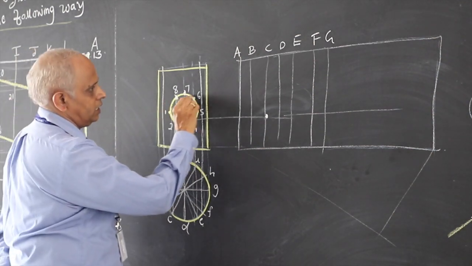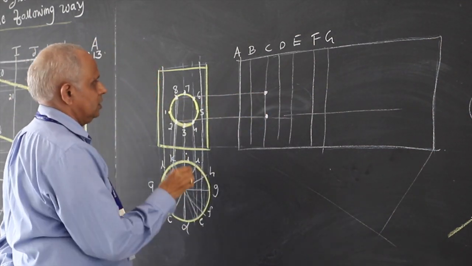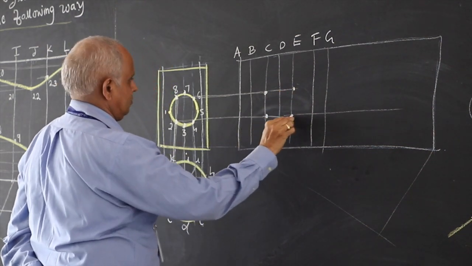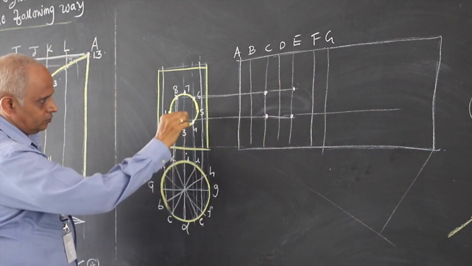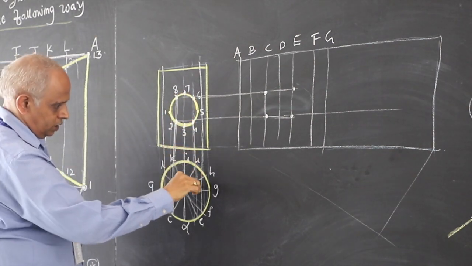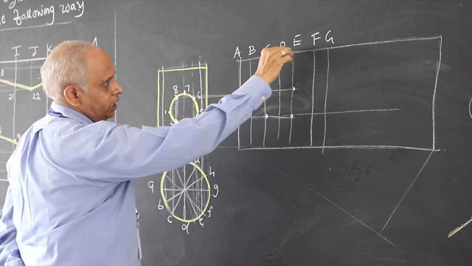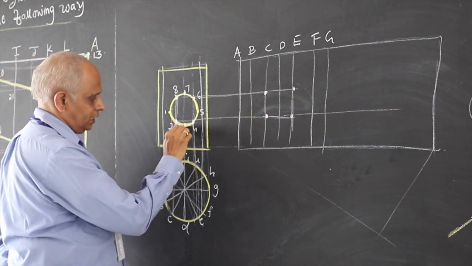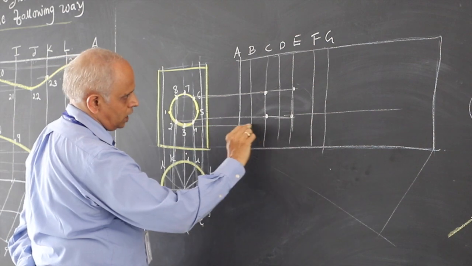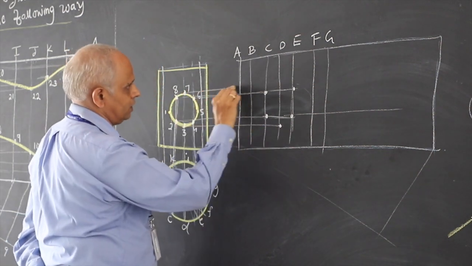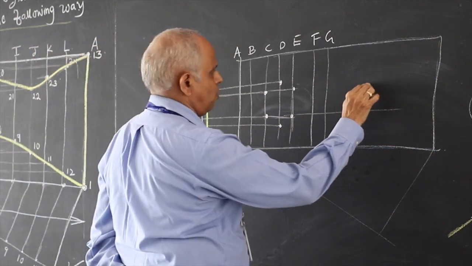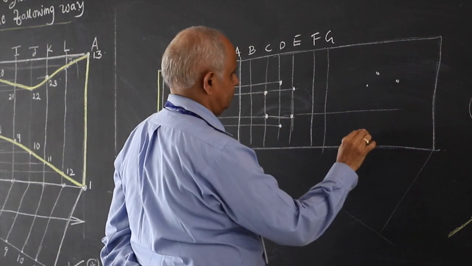Similarly, 8 is here. 6 and 4 are on E and I, so on E and I that side I can locate it. 3 and 7 are on D. So I can just take this here, and 7 is here. I can locate these points. Remember, the same set of points do come here also.